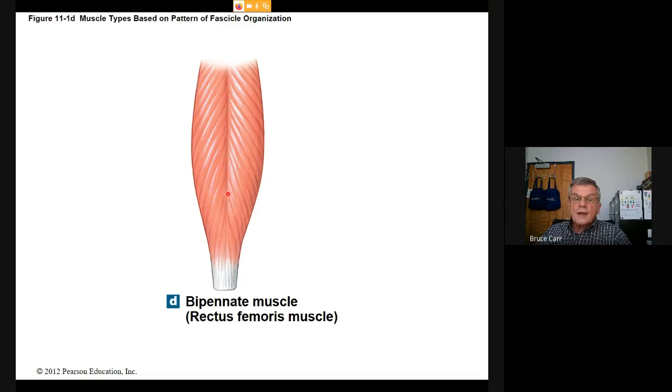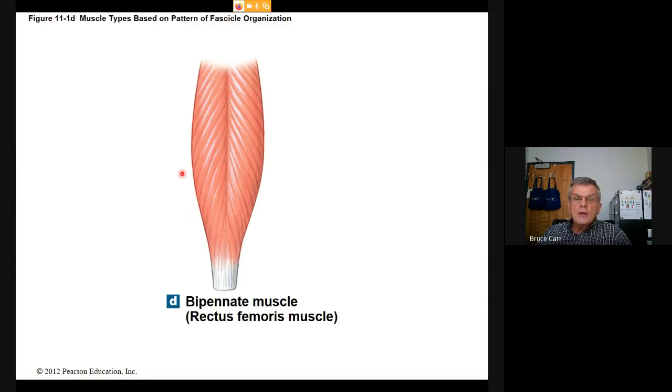This is the Rectus Femoris muscle, and it's bipennate because it has one of these double structures that look feather-like around a central tendon. The Rectus Femoris is that muscle that's right on the anterior surface of your thigh. It is one of the quadriceps group, so its connection is up here on the top of the femur and the pelvis.